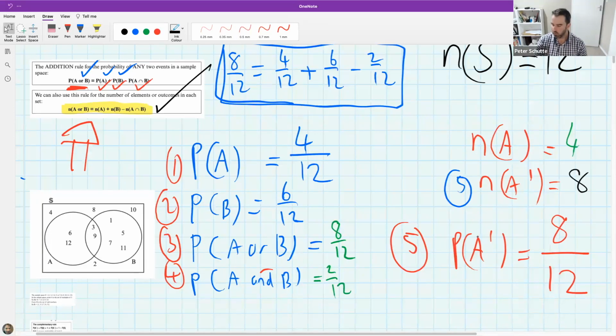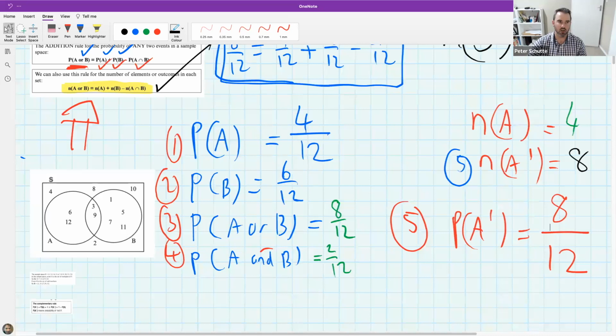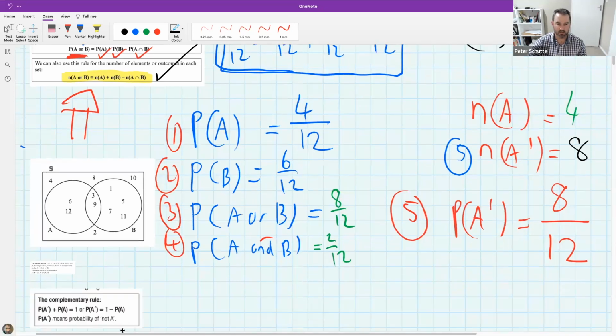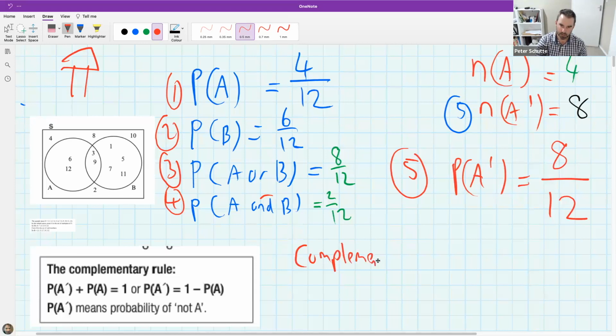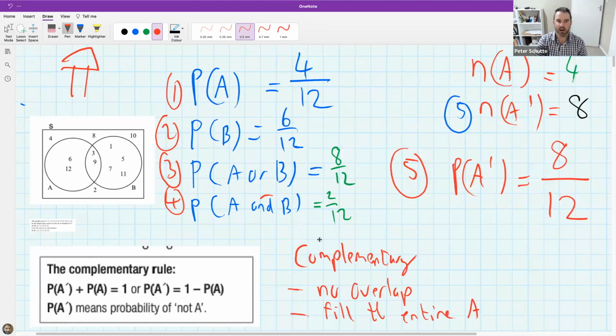And so another identity that we often use in this topic is this one over here called the complementary rule. If things are complementary, they are mutually exclusive, or they don't overlap, no overlap, and they fill the entire area. Now, A and B are not complementary.